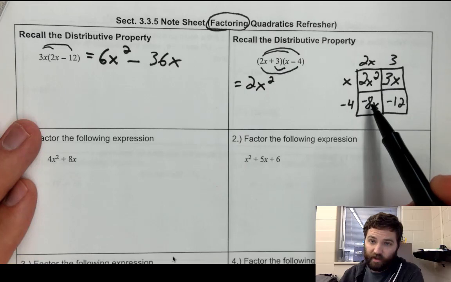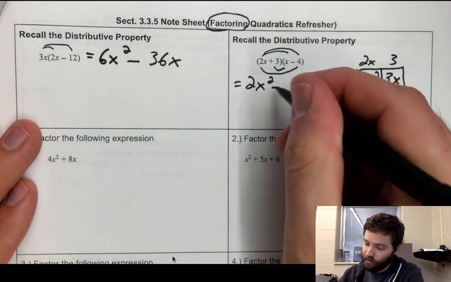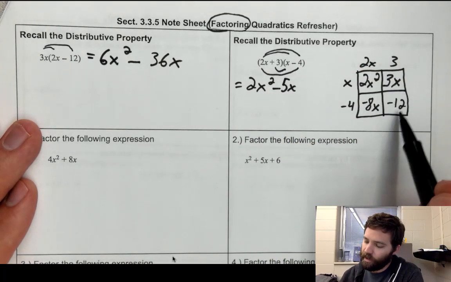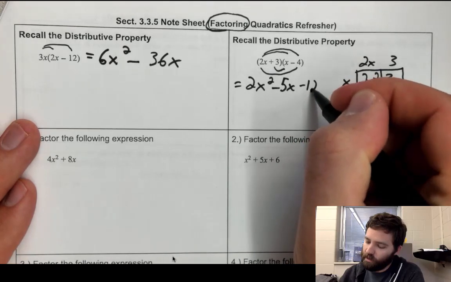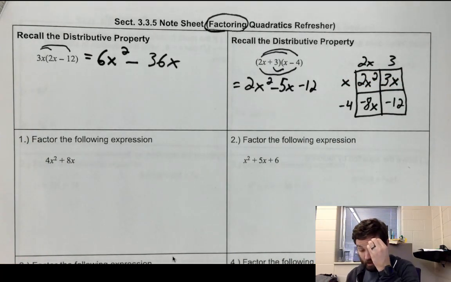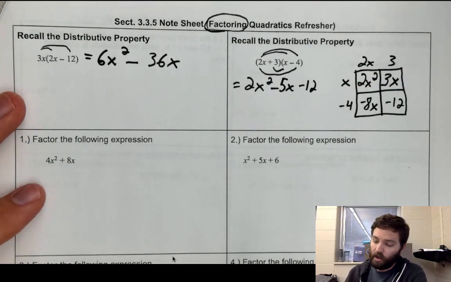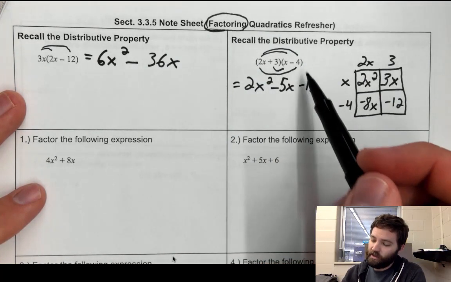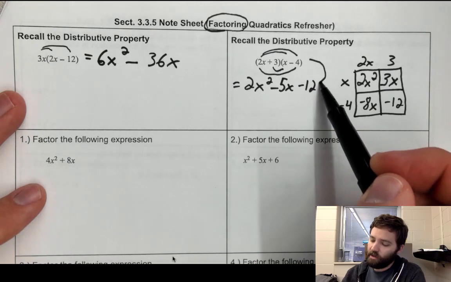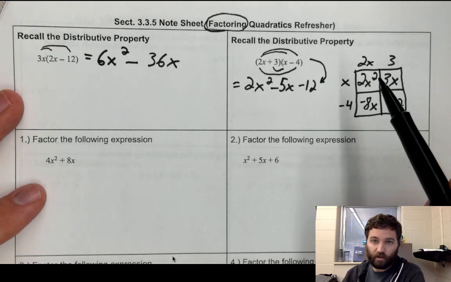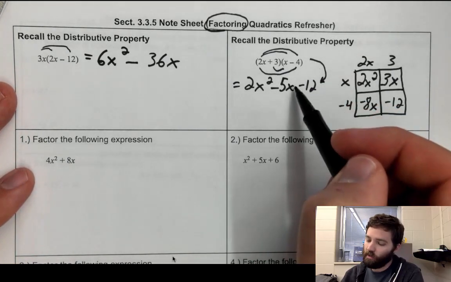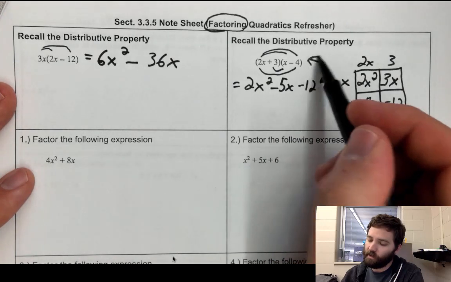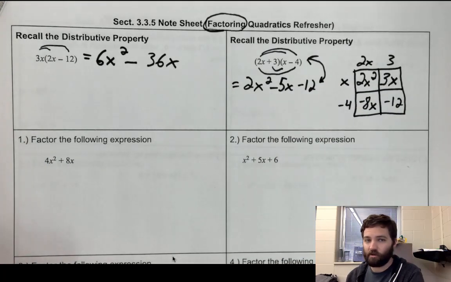I have 3x and negative 8x, that's minus 5x. And then negative 12 is its own term, the only constant term. So again, what I should be able to do eventually is go either this direction, which would be distributing, or go from here back to the factored form, the undistributed form.